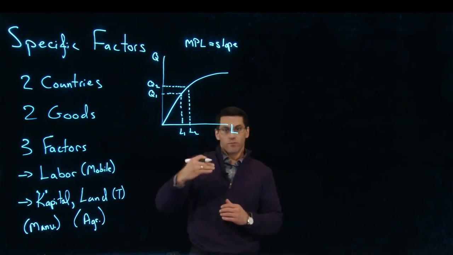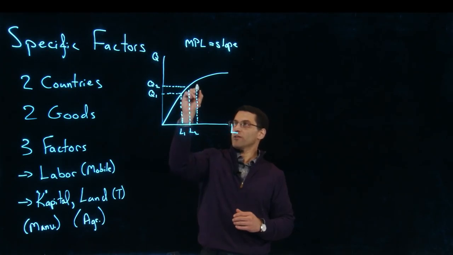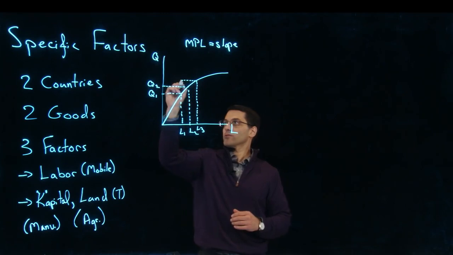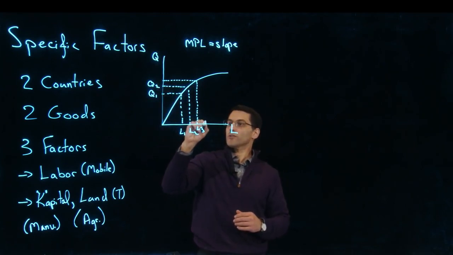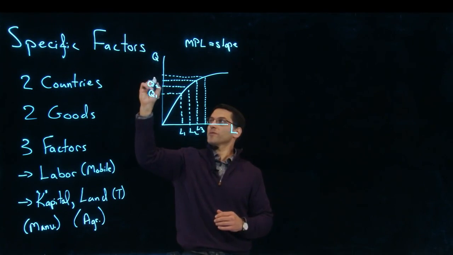But what happens as I continue to increase the amount of labor? So if I give an equivalent increase in L now to L3, what do you notice? You'll notice that those increases in output are getting smaller and smaller.